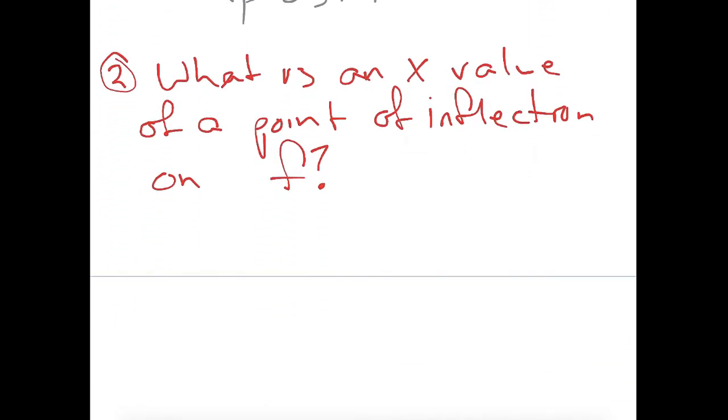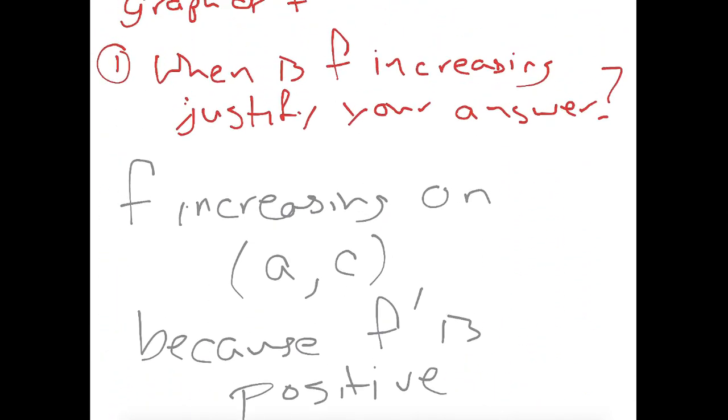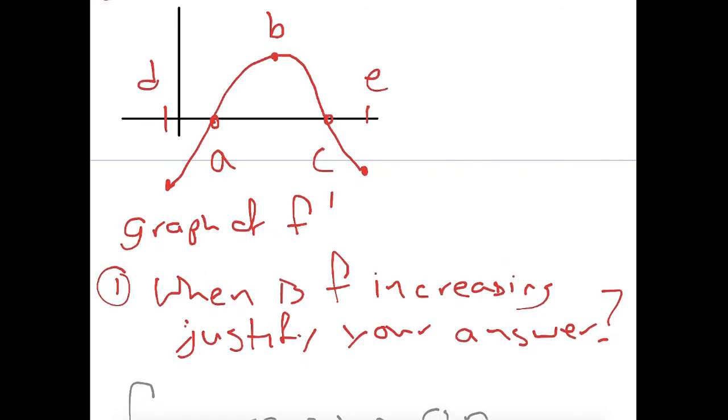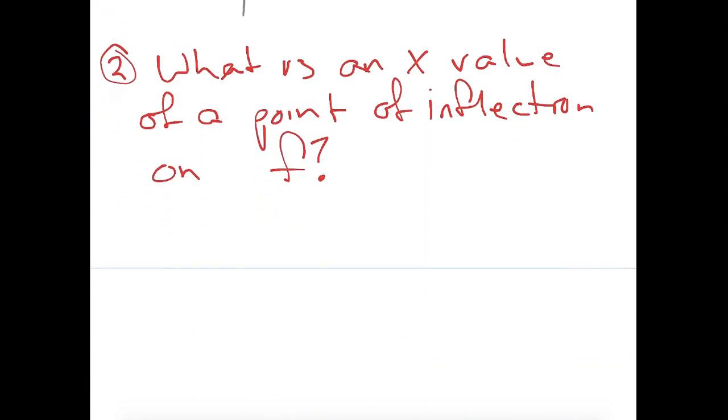So if I take a look at my graph, f prime is going from increasing to decreasing at around B. At least that's what I wanted to show.